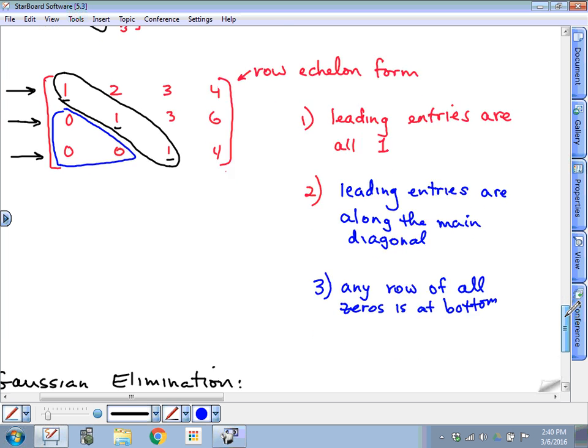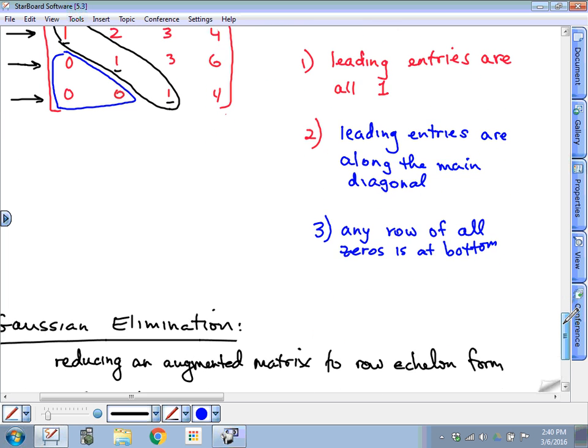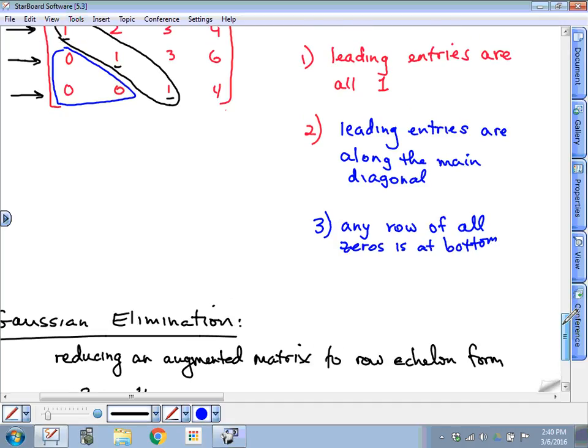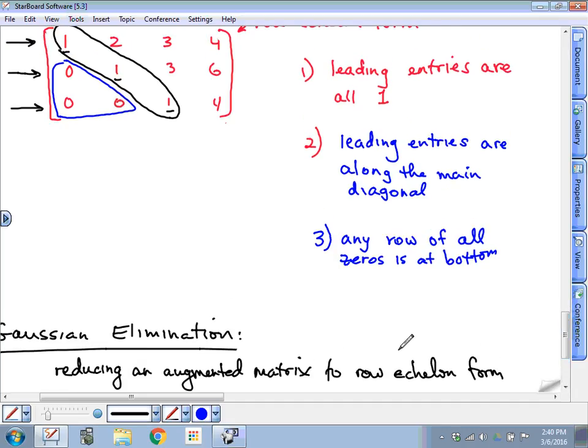So this brings us to the last topic, what's called Gaussian elimination. Gaussian elimination is a process that reduces an augmented matrix to row echelon form. And why is that so important? Well, this matrix up here still represents a system of equations because it's an augmented matrix. And when it's in row echelon form, if you start at the bottom, like I was saying earlier, this represents the equation z equals 4.